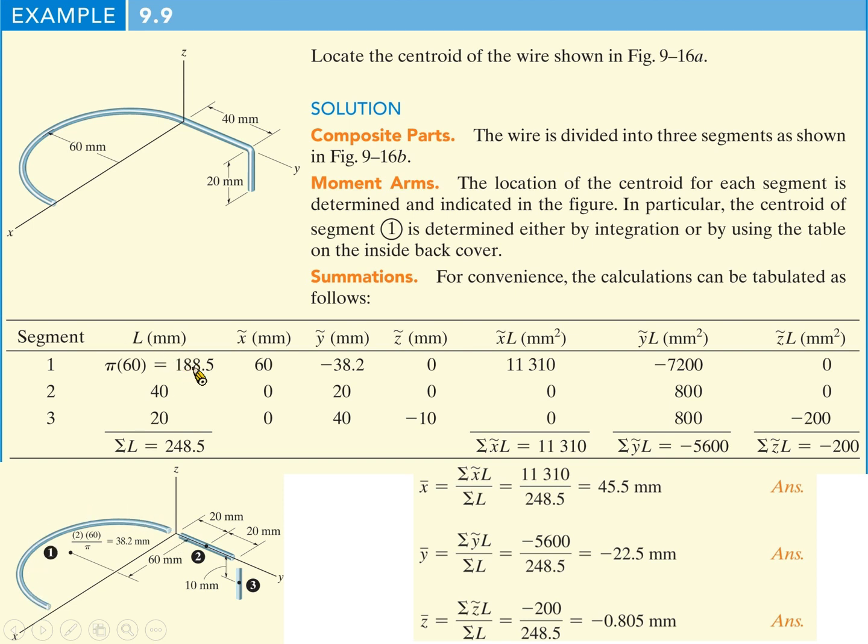So the length is 188.5. Okay, then segment 2 is 40, which is given information, and segment 3 is 20. And then for average x value, so the x-axis is here. Because it's a symmetric condition, average x is 60.